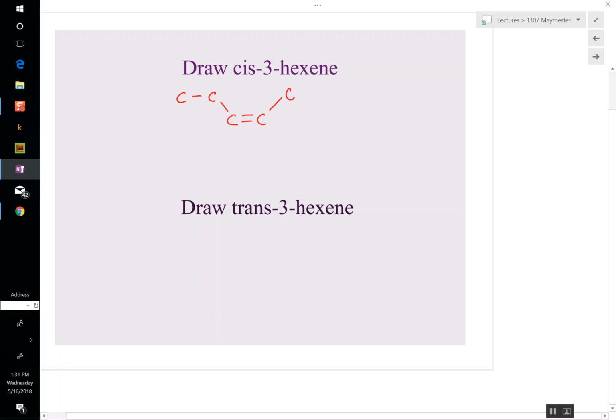Why do I go up there? Because it's cis. It's going to have a hydrogen here and a hydrogen here on the same side of the double bond. There we go. Cis 3-hexene.